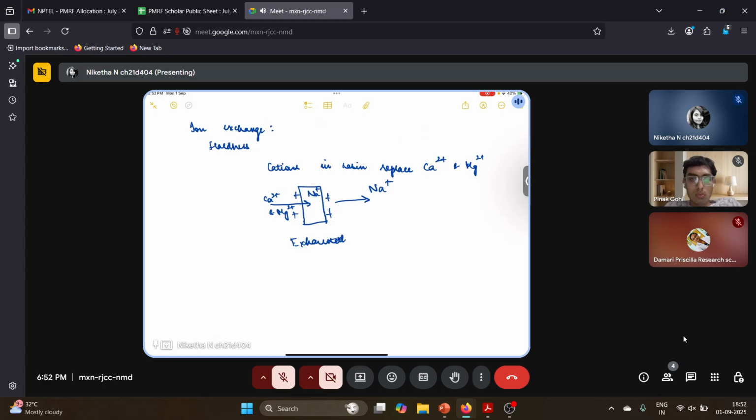then we have to make a solution of brine or sodium chloride, and we have to make it run through the ion exchange membrane so that whatever sodium ions were depleted, they get replenished.